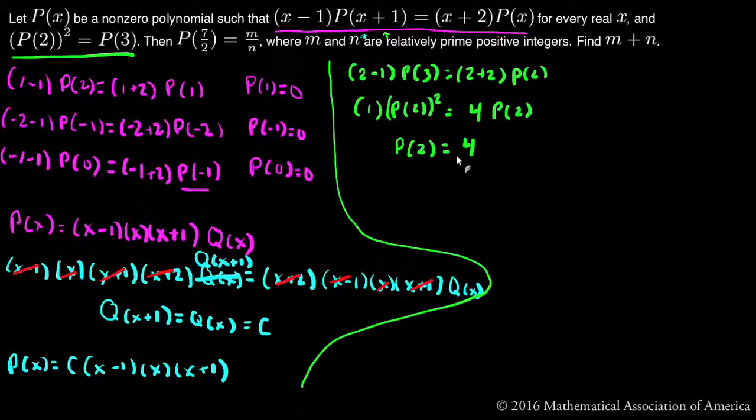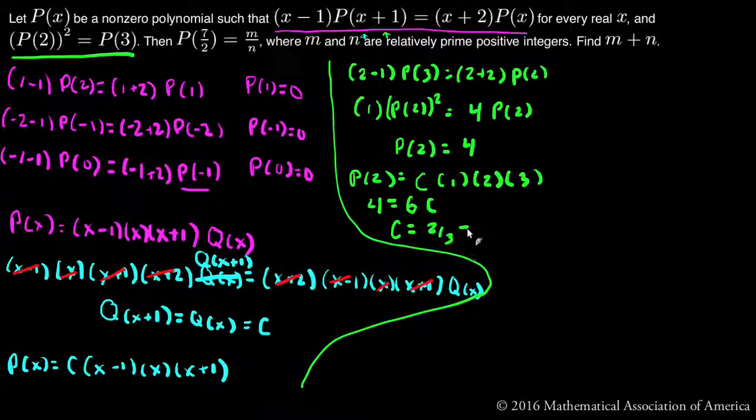So I'll only consider p of 2 equaling 4, and we know p of 2 is going to be c times 2 minus 1 times 2 times 2 plus 1. So 4 equals 6c, and therefore c is now 2/3.